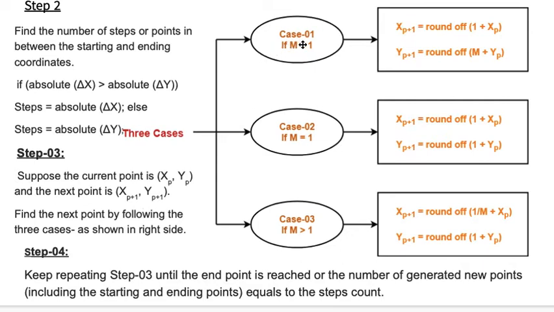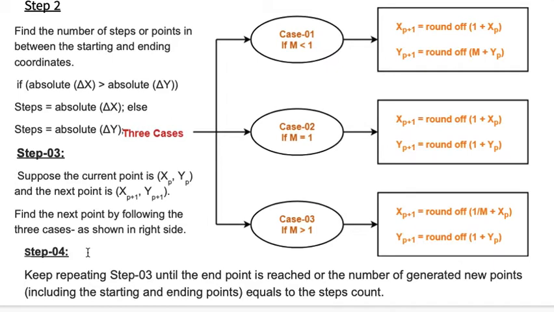Case 1: if m is less than 1, then we follow this step. If m equals 1, we follow case 2, and if m is greater than 1, we consider case 3.